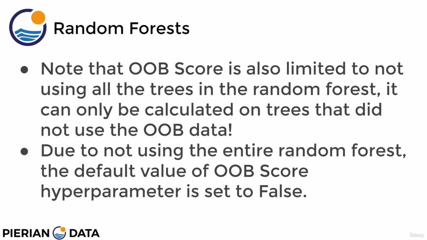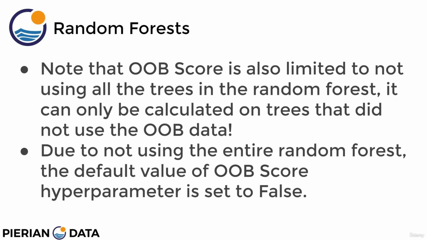Now, because of that, we should note that OOB score is also limited to not being able to use all the trees in the random forest. Recall, because of bootstrapping, there are going to be some trees that end up using those OOB data rows that certain trees did not get to use. So that means that the out-of-bag score or out-of-bag error can only be calculated on trees that did not use that out-of-bag data, the rows that were not used during bootstrapping.